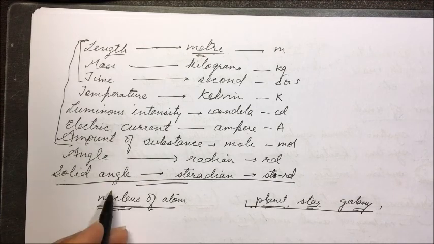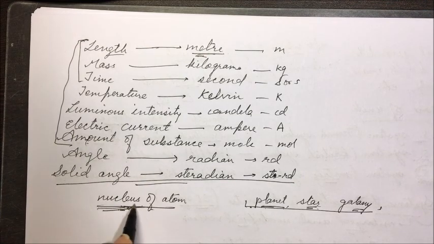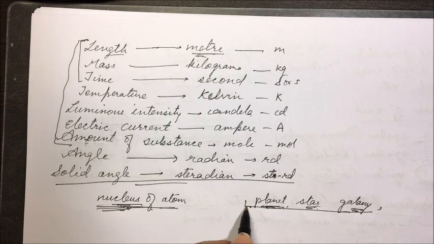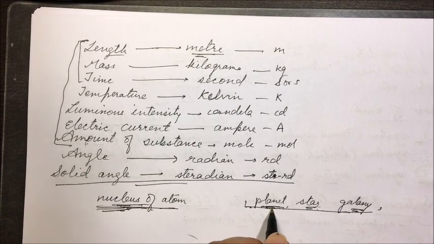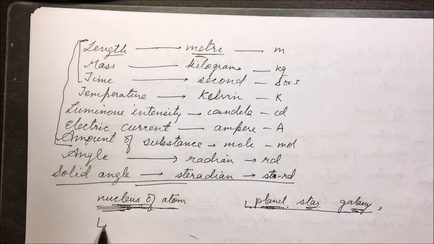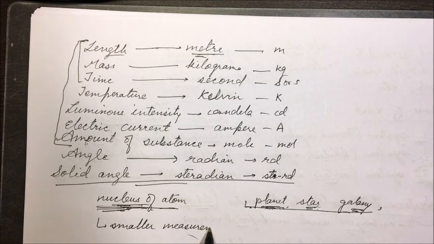As we know, materials can be as small as the nucleus of an atom or as large as a planet, star or galaxy. So for measurement of physical quantities related to these materials, we require units of convenient size. For smaller measurements, we prefer smaller units.